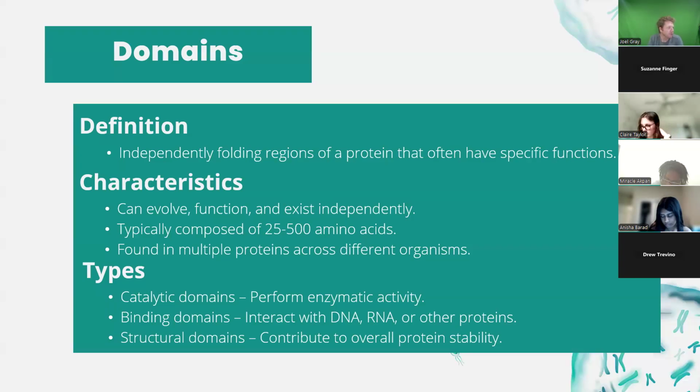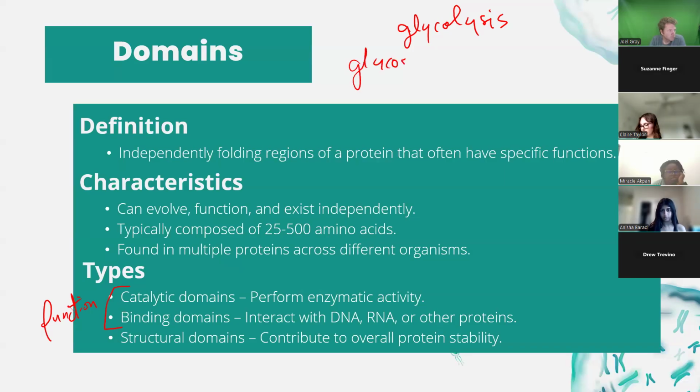Now, domains can be a couple of different things. They can be catalytic, they can be binding, or they can be structural. For a catalytic and binding domain, I want you to think about this as function. They have a particular function. For example, is anyone familiar with glycolysis? Glycolysis is a process where we take basically glucose and we make ATP.